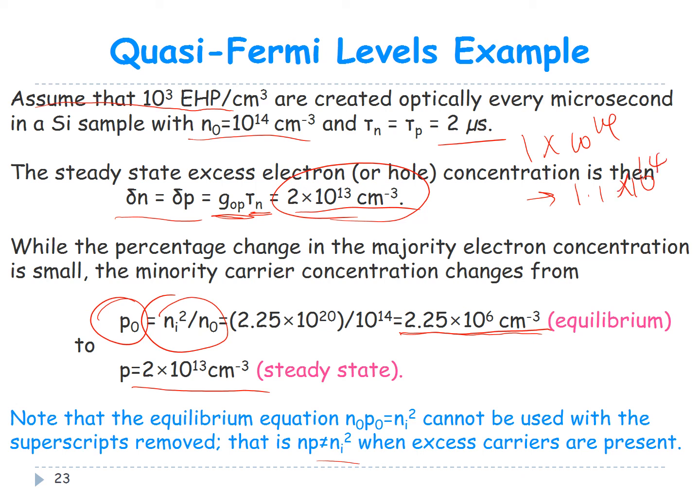That's a very slight change. Whereas my minority carriers change from 10 to the 6 to 10 to the 13, around 7 orders of magnitude increase.